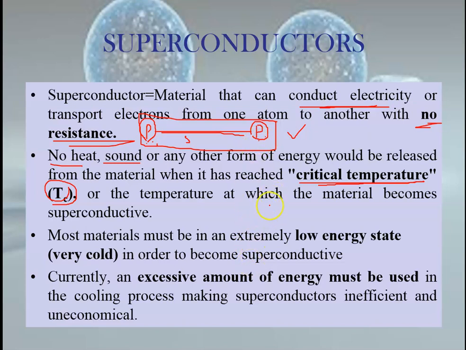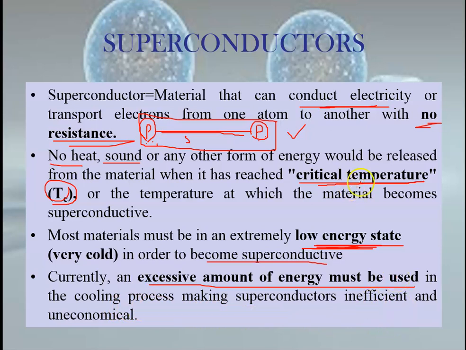Most materials must be in an extremely low energy state. This is one of the hindrances of superconductors, because it must be in an extremely low energy state in order to become a superconductor. So it is hard to produce a superconductor. Currently an excessive amount of energy must be used in the cooling process, making superconductors inefficient and uneconomical.